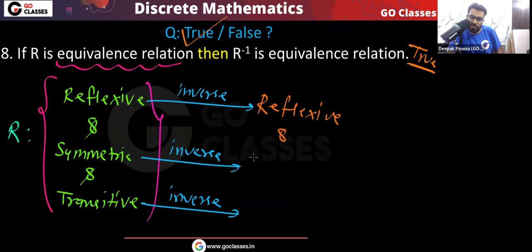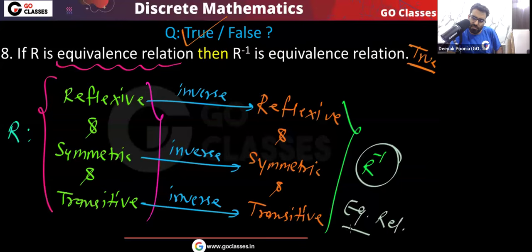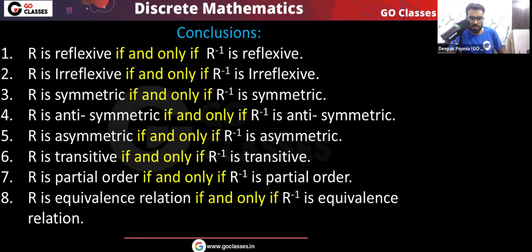I will get reflexive, and symmetric, and transitive. So you can see the R inverse that I'm getting is also an equivalence relation. Hence proved. I hope you understood. So this is the conclusion.